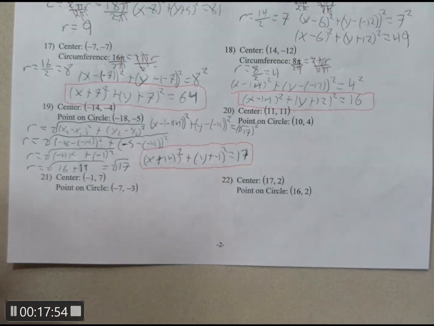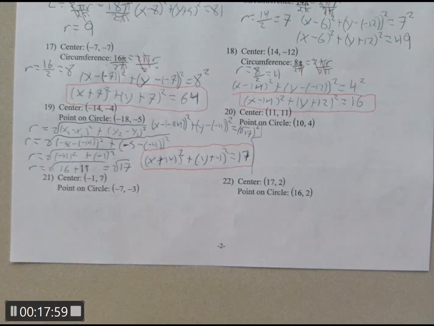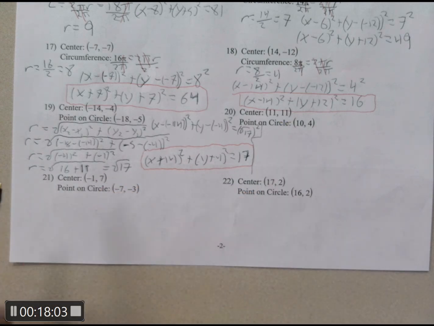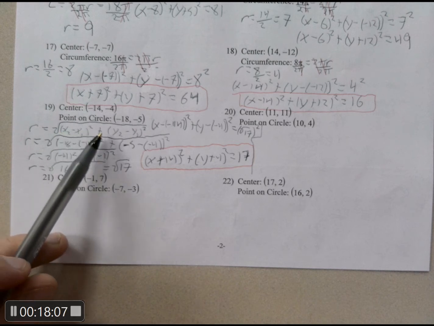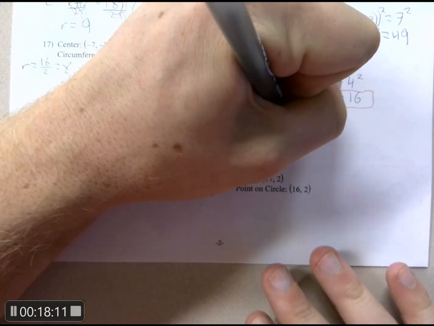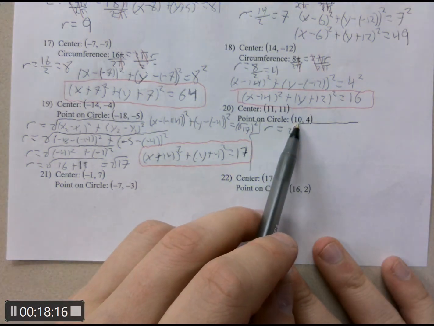Alright, so we're going to do the same thing for this one. So first thing we have to do is the distance formula. Okay, so the distance formula as we see over here is my radius is going to be equal to x2 minus x1 squared plus y2 minus y1 squared. Okay, so r is equal to big square root of x2. I'm going to have that x2 be the point on the circle.